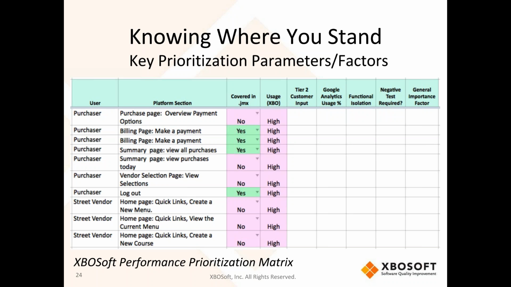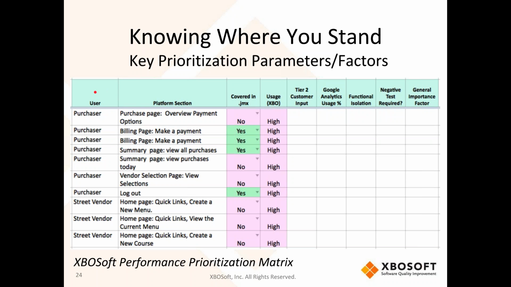And I'll get back to that point later. But this Exposoft performance prioritization matrix has a number of factors in it. And I'll run through these right now. I'll talk a little bit at the table, but then I'll also give some additional information.